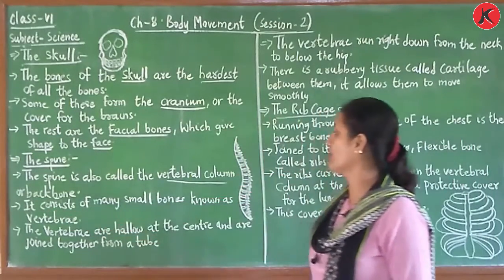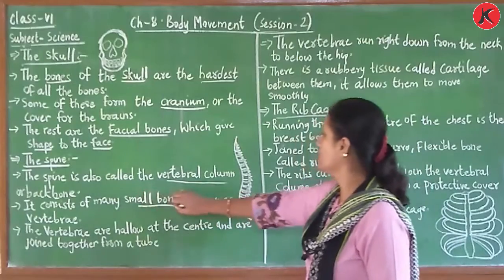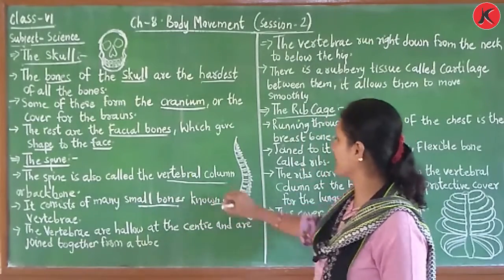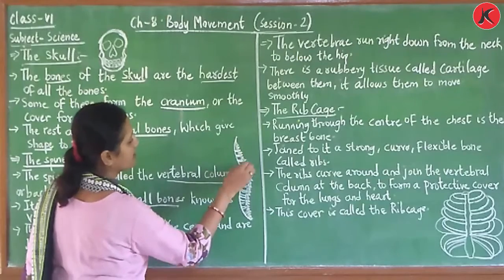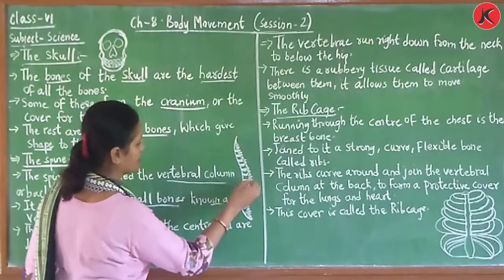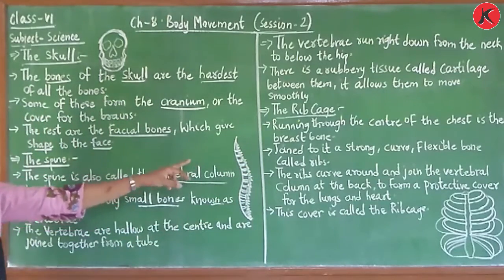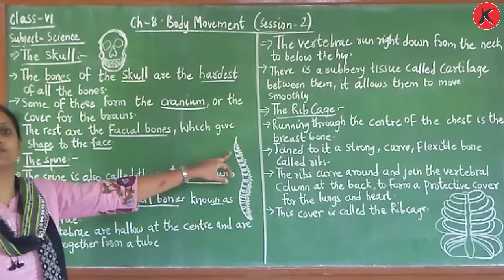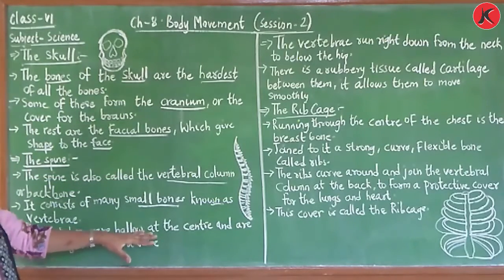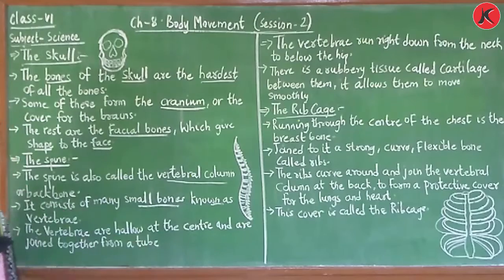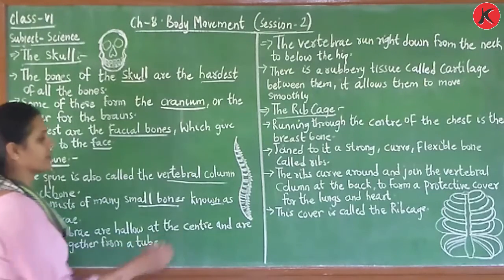It consists of many small bones known as vertebrae. Now you can see, children, there are small bones which are called vertebrae, and in singular form it is called vertebra.